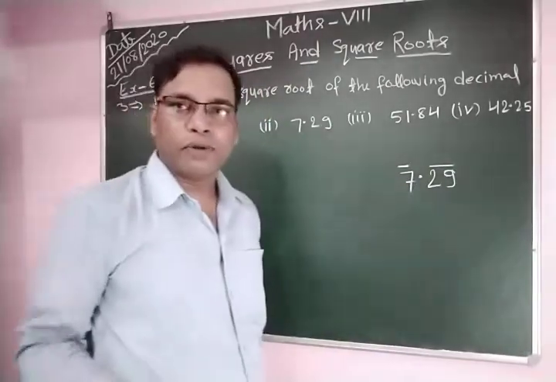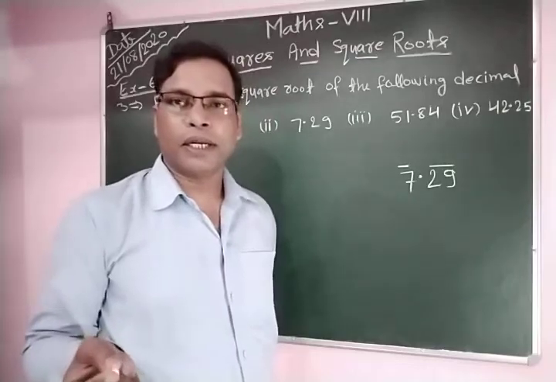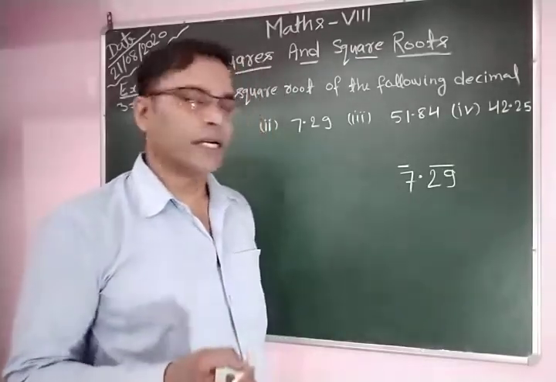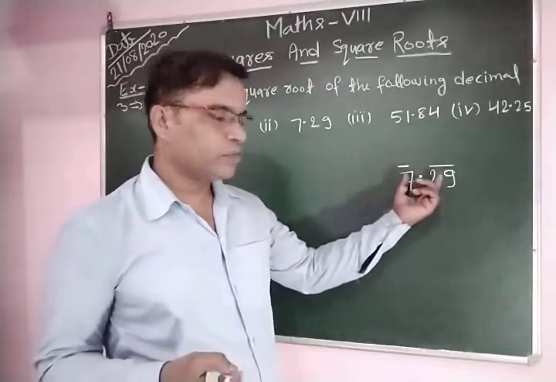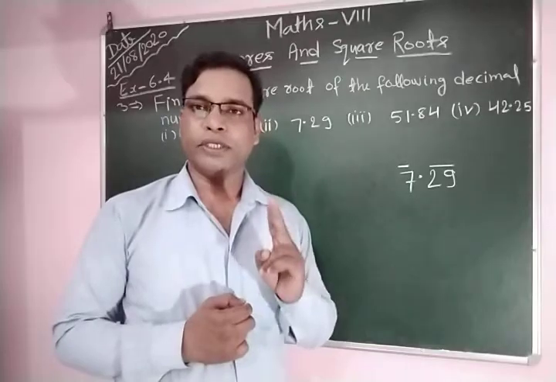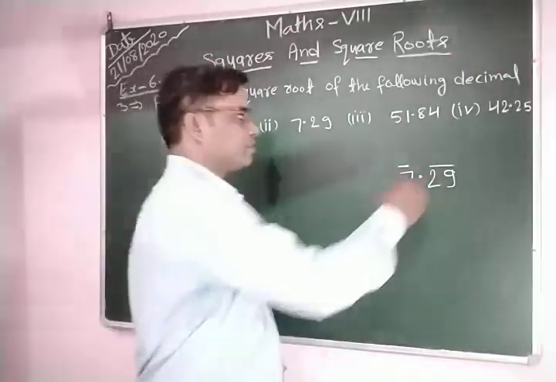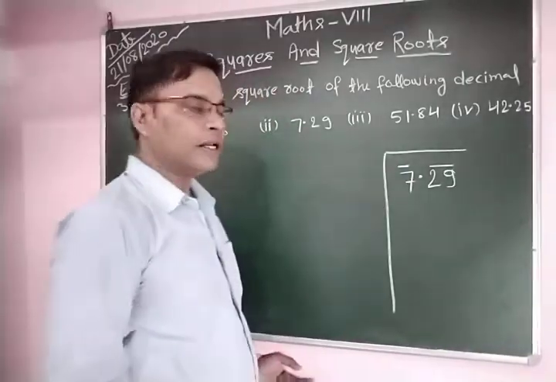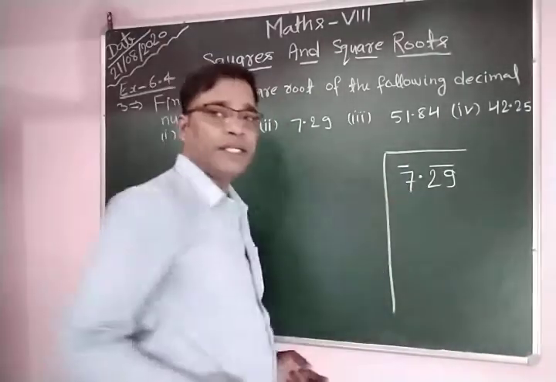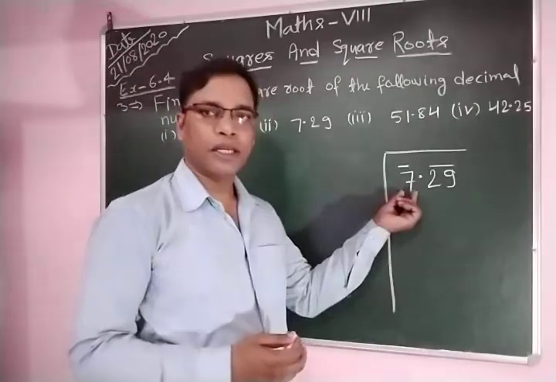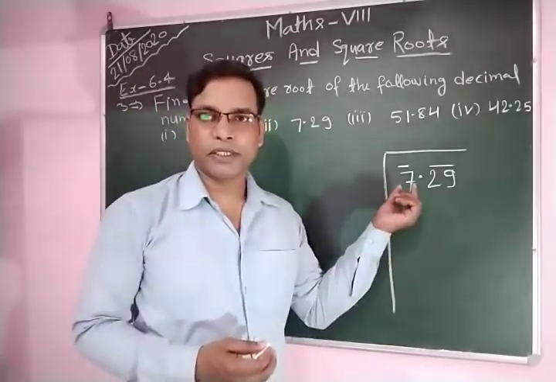In the integral part we put the bar from right to left, and in the decimal part we put the bar from left to right. So you can see here you put 2 bars, which means that the square root of this number has 2 digits. So first we write like this. Clear? After this we take the extreme left pair. This is 7. The extreme left number is 7.